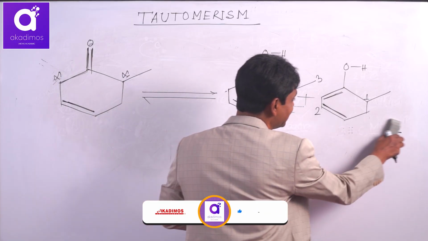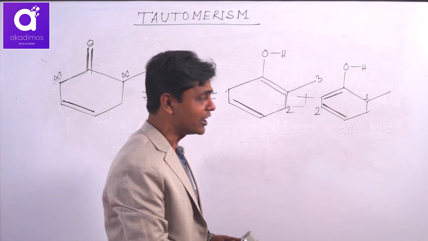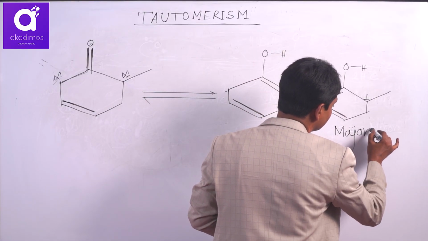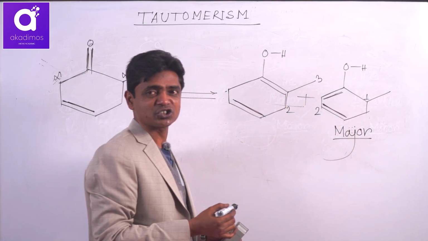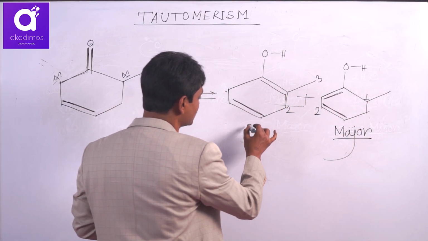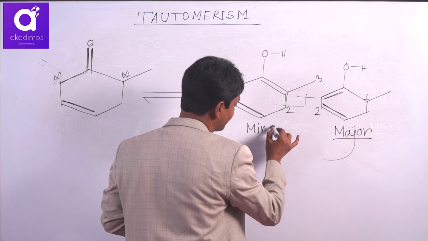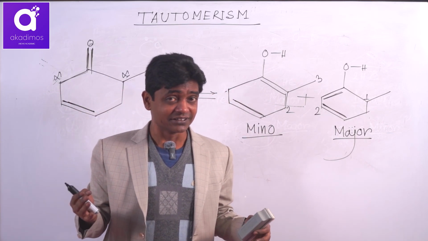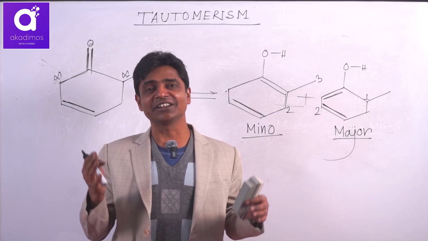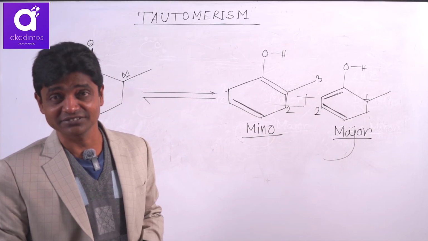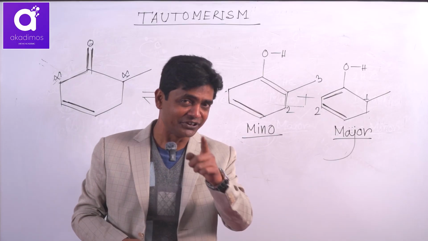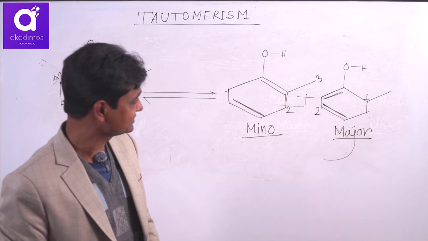Now, previously it was minor. Now it becomes major due to the conjugated double bond. There you will get resonance between these two double bonds. And this is an isolated double bond, minor. Stability is not only by hyperconjugation; there you have to consider different factors. But the key point is stability will control the contribution.